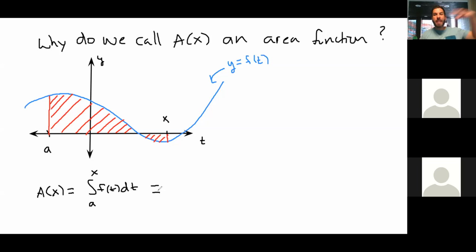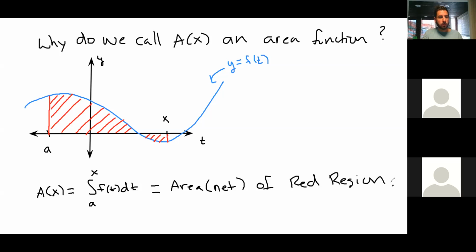But what is this? Let's not write it in math terms. Let's write it in elementary children terms. It's the area. In this case, we have to be very specific, net area of the red region. So this is why we call it an area function, because it's giving us the net area of something.